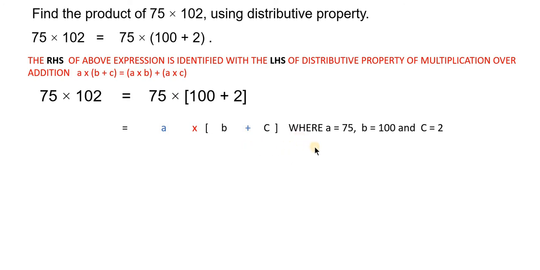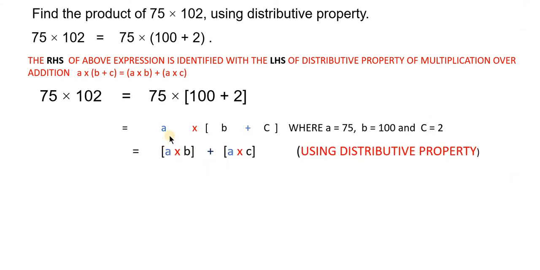How? We replace the expression A into B plus C with the right hand side of the distributive law, which is A multiplied by B plus A multiplied by C.